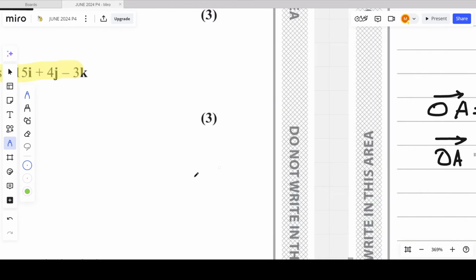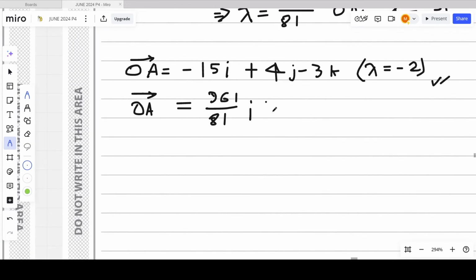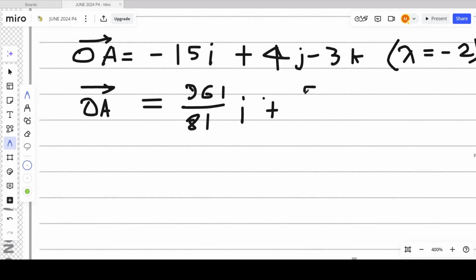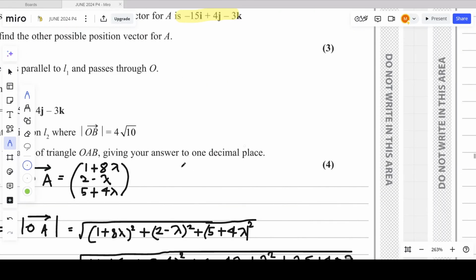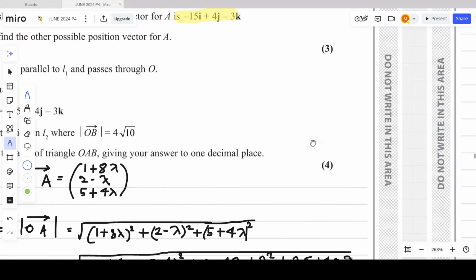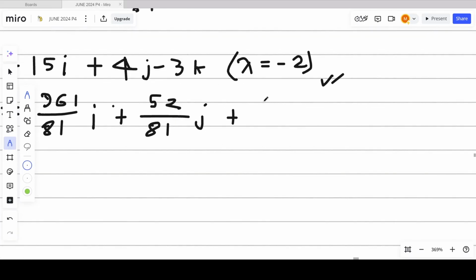And then what would be the next position? It was 2 minus 110 over 81. This is 52 over 81, so this is plus 52 over 81 j. And at the end, the k component is 5 plus 4 times 110 over 81. So this is 845 over 81.